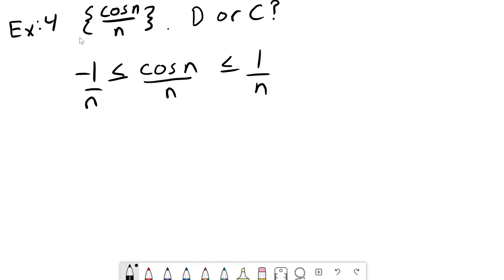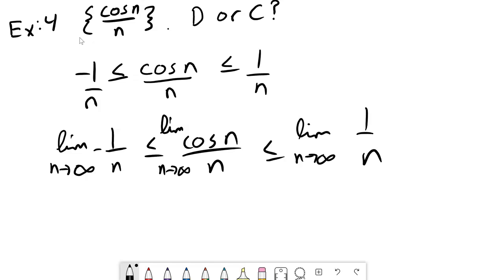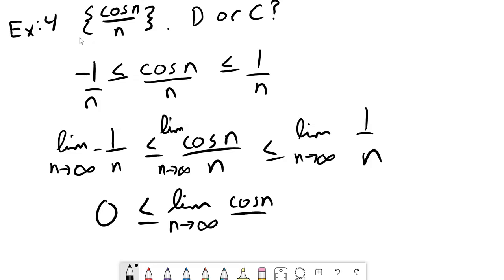And then we can take the limit as n approaches infinity of each term. Oops, I forgot the limit here. And then same thing here. The limit as n approaches infinity of 1 over n. What does this evaluate to? This evaluates to 0. We don't know this one, this is what we're trying to find. And then this is 0.